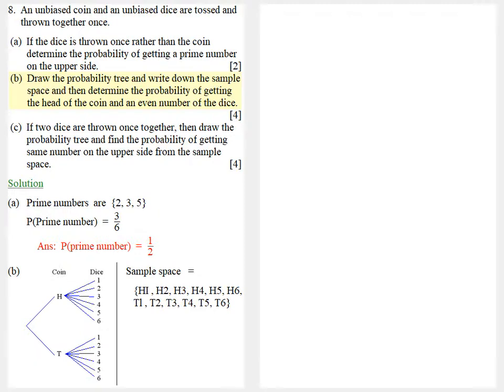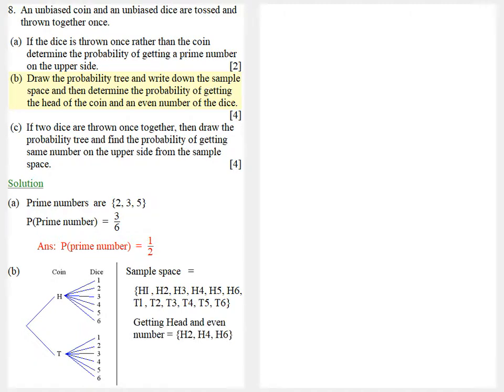So the sample space is a head followed by a 1, 2, 3, 4, 5 or 6, or a tail followed by 1, 2, 3, 4, 5 or 6. So that is H1, H2, H3, H4, H5, H6, T1, T2, T3, T4, T5 and T6.